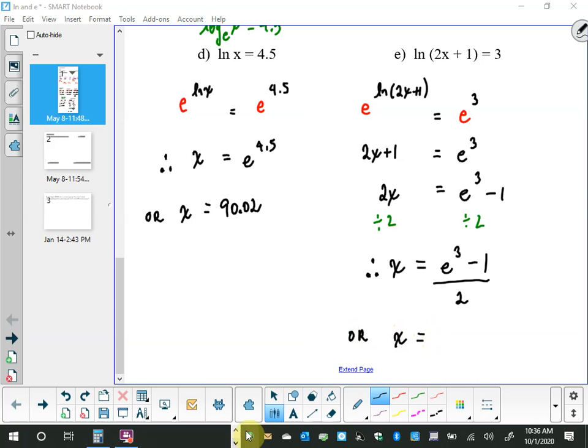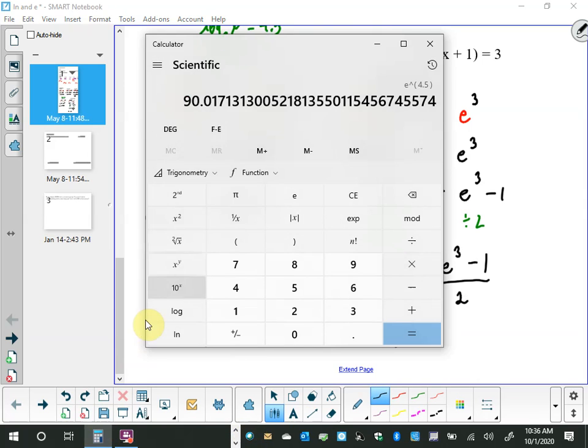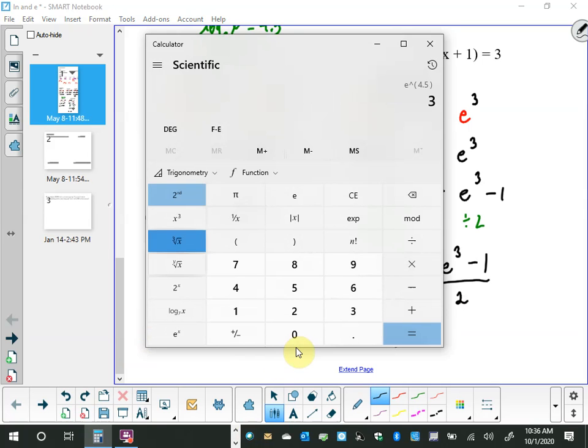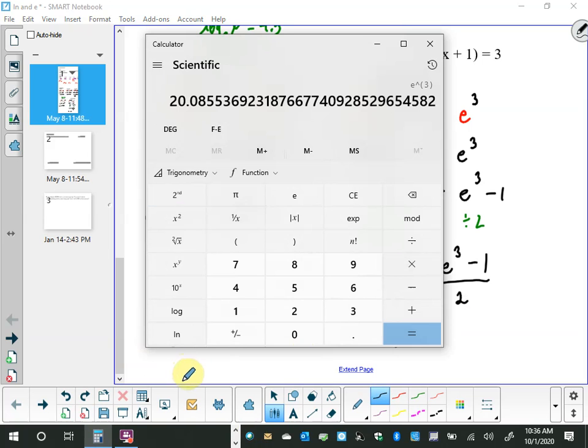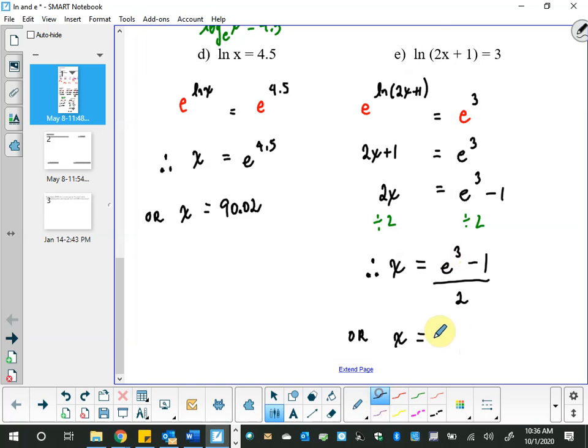We aren't there yet, so you're also okay to just put that into your calculator. So I'm putting in a 3. I'm using my e to the x button. I have to minus 1. I have to find that answer and then take that answer and divide it by 2, and I get 9.54 approximately.